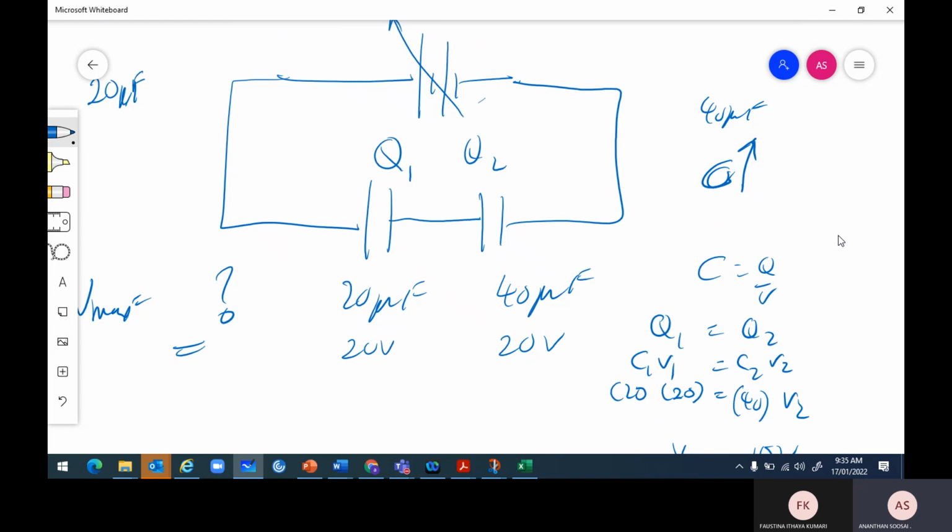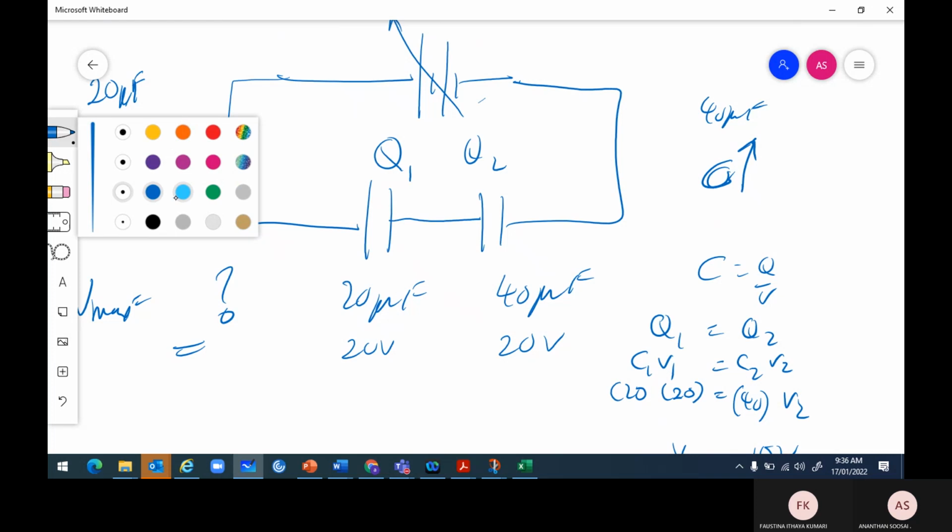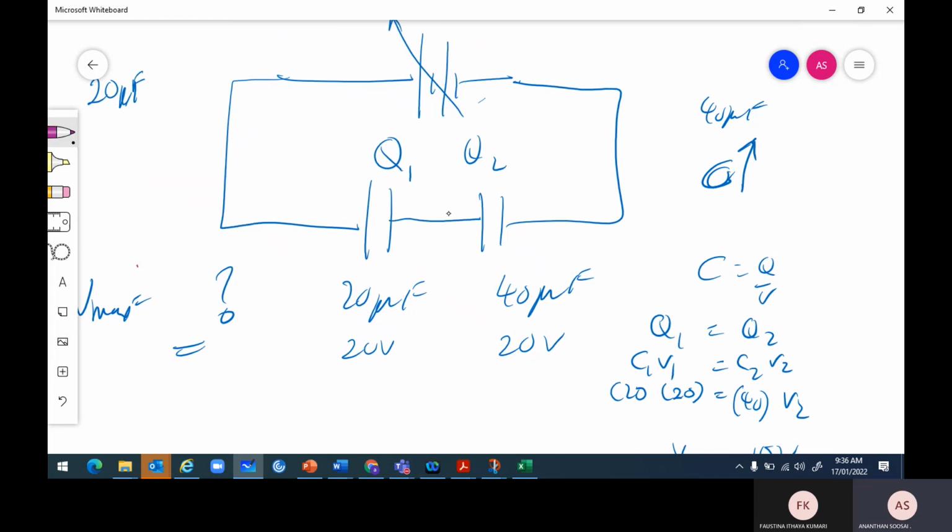So let me add another question, with the same circuit. Just now we found that the 20 microfarad explodes first and the maximum voltage was 30 volt. Now, what will happen to the maximum voltage if a third capacitor is connected in parallel to the 40 microfarad?